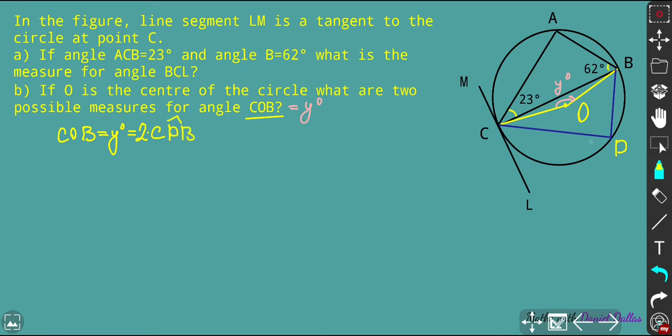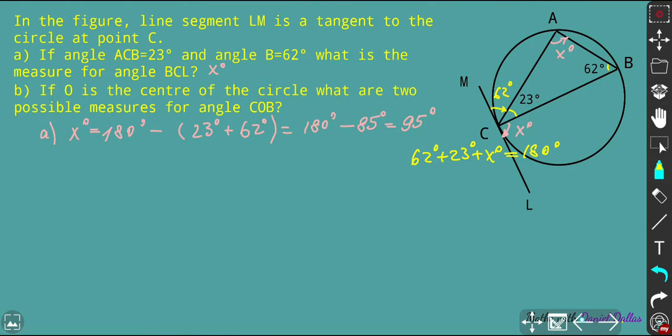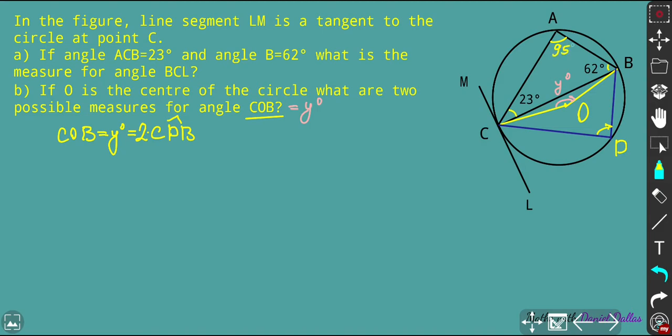How do we find angle CDB? We can use the angle A that we calculated previously, angle X, which is 95 degrees, so we mark this angle as 95 degrees. And we know that quadrilateral ABDC is cyclic. That means the opposite angles, A and D, add up to 180 degrees.